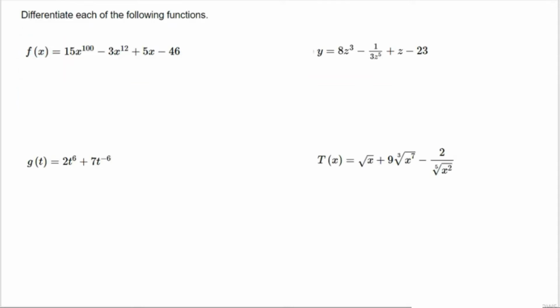So let us try to apply the first two formulas that we encountered. The given is f of x equals 15x raised to 100 minus 3x to the power of 12 plus 5x minus 46. We are going to differentiate each of these using the formulas.